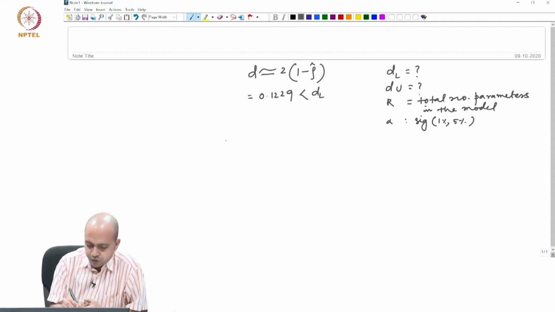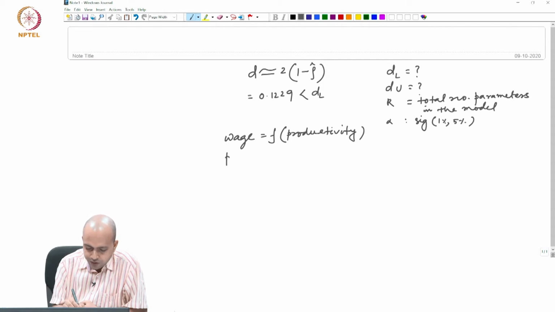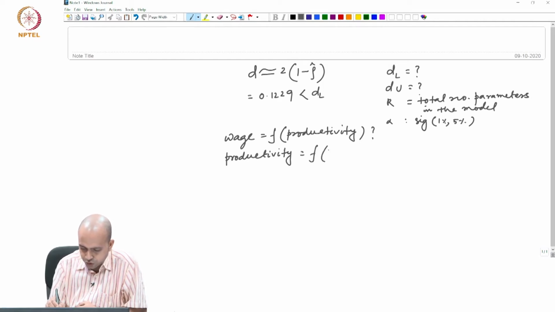So, we have two variables. Should wage be a function of productivity, or productivity a function of wage?